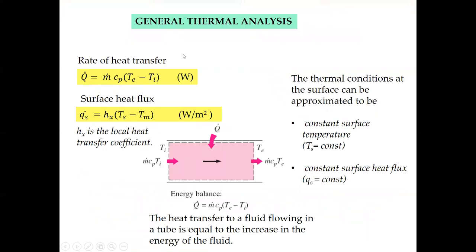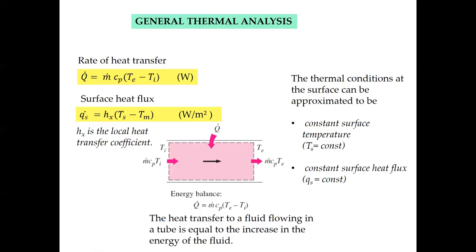Alright, so this is a general thermal analysis, assuming that your exit temperature is higher than your inlet temperature. Let's say the inlet temperature is 25 degrees and the exit temperature is, let's say, 30 degrees. What causes the temperature to increase? Of course, you add heat to the system. You add Q to the system, so your temperature increases from 25 to 30 degrees.